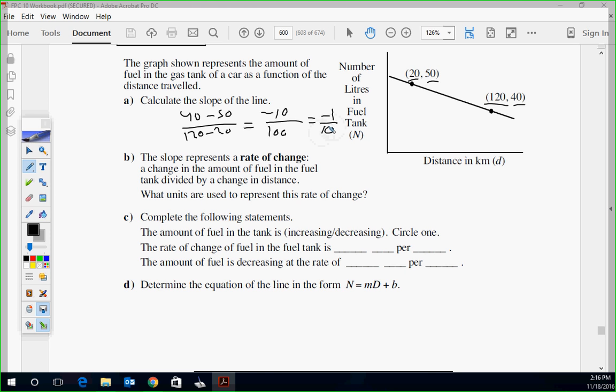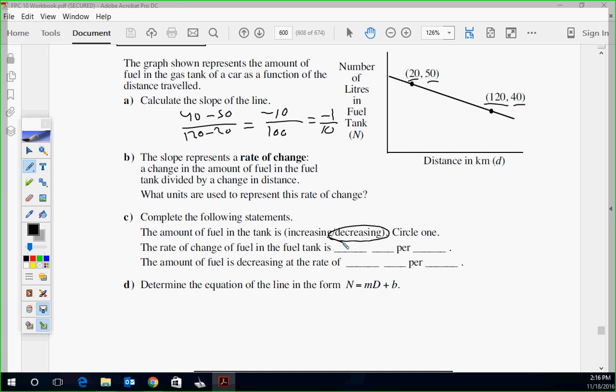So what does that mean? Every kilometer, you lose 1/10 of what you have. So the amount of fuel in the tank is decreasing.